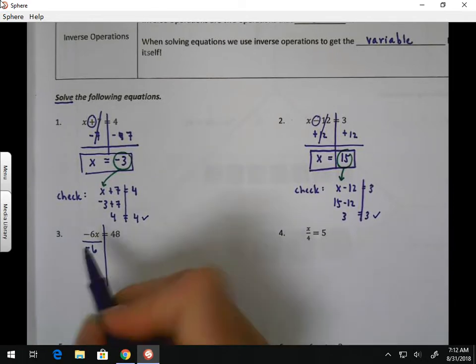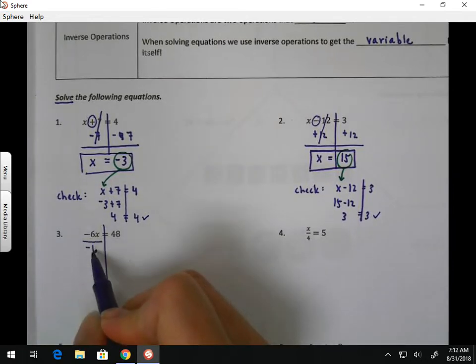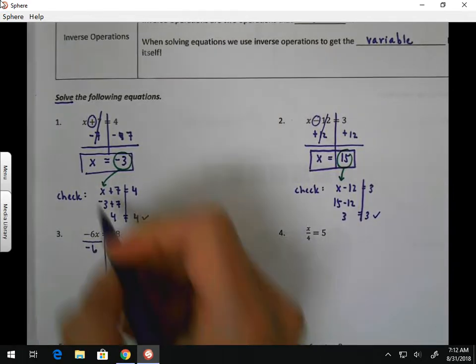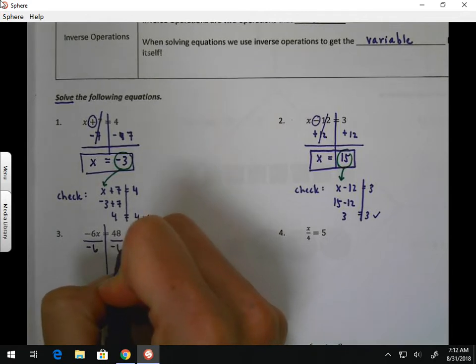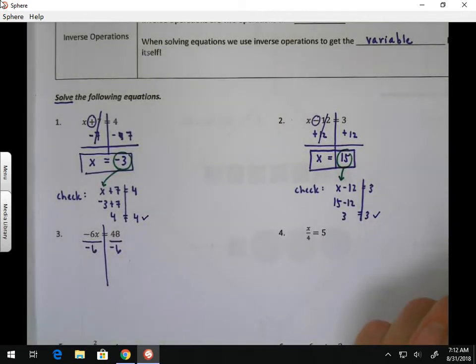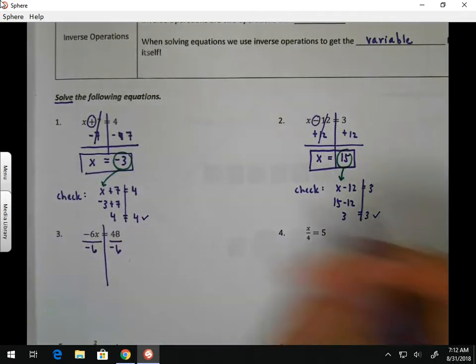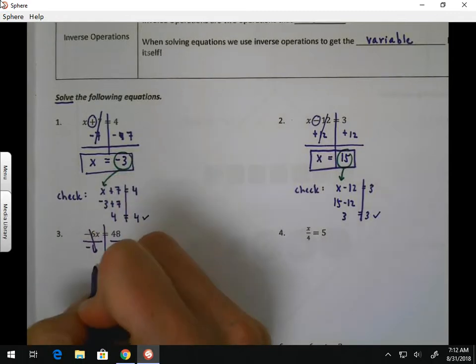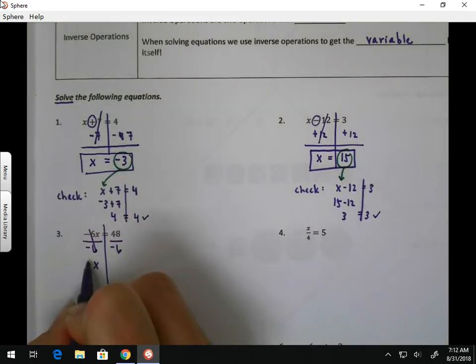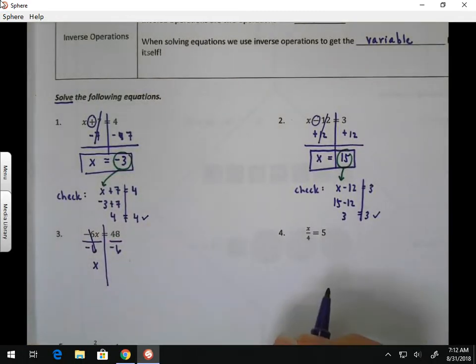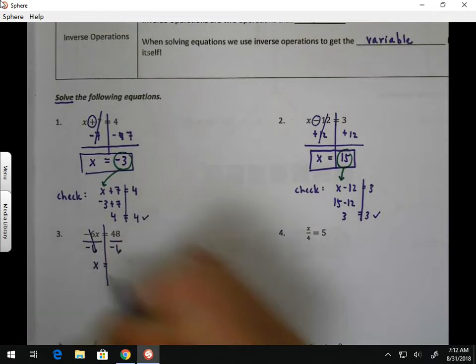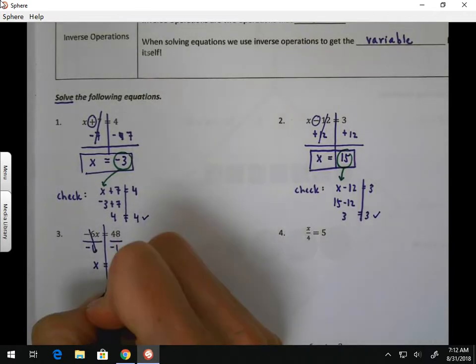Now notice my coefficient was negative 6. That means I have to divide by a negative 6 as well. And I'm going to do that on both sides. Now a negative 6 divided by a negative 6 is just a positive 1. So really here I have a 1x, even though I'm not going to write that. And 48 divided by a negative 6 gives me a negative 8.